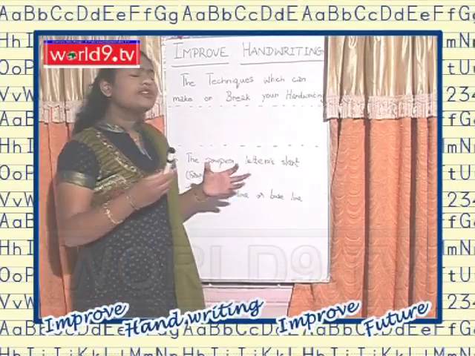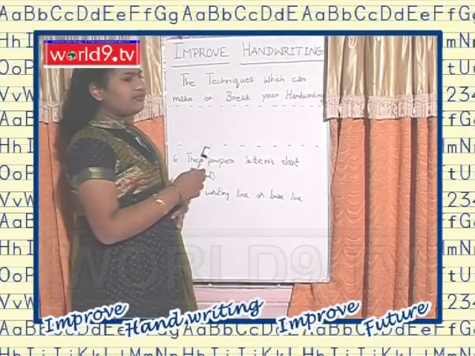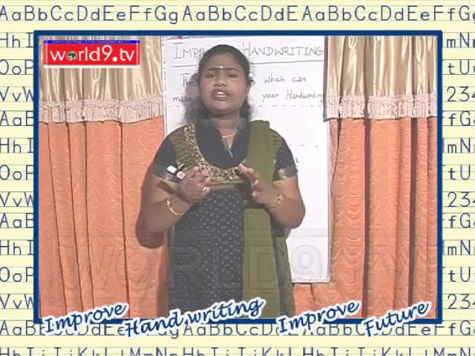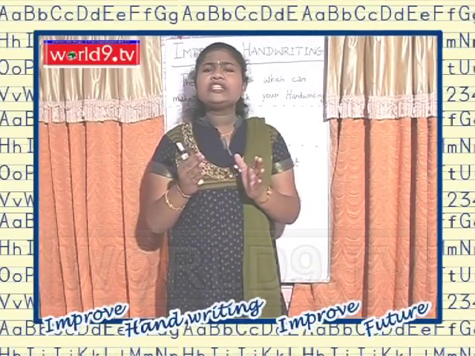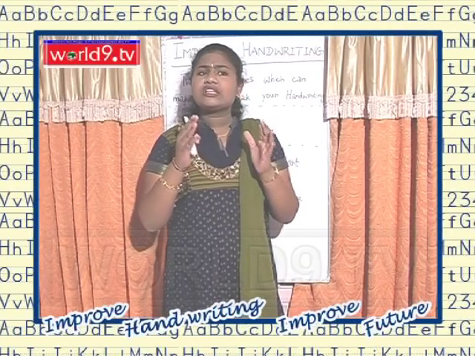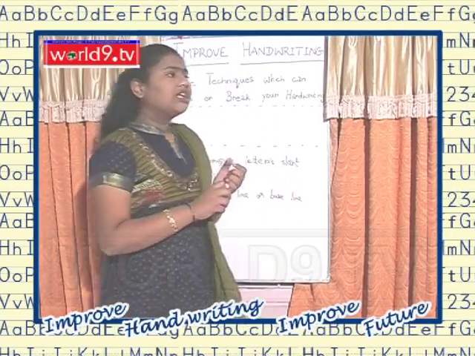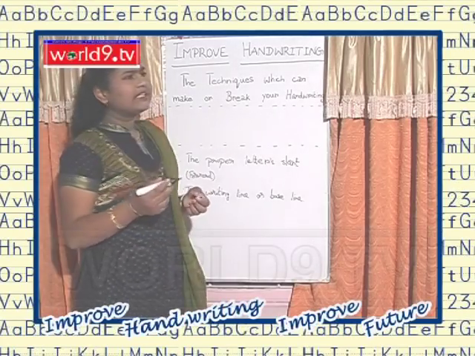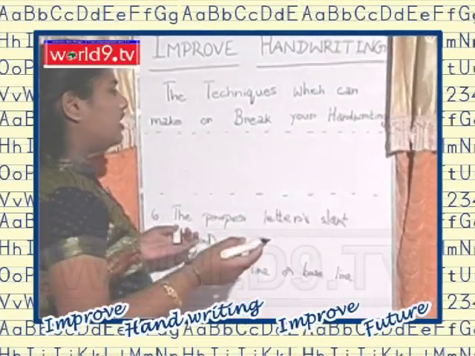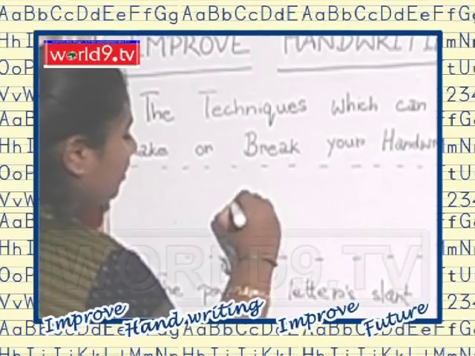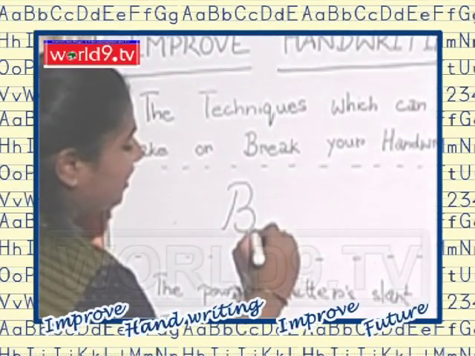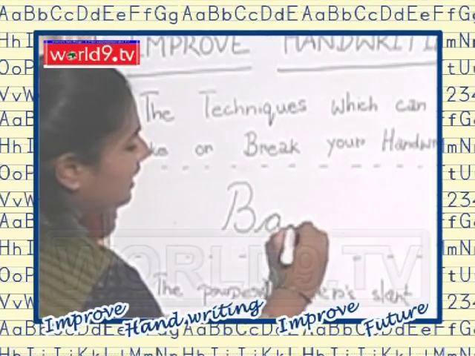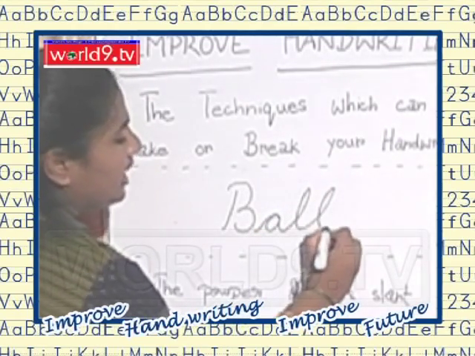Coming to the sixth technique, the proper letter slant: we should give only the forward slant to letters, and we should not give a backward slant. Suppose we take the word "ball" again: B forward, A forward, L forward, L forward.